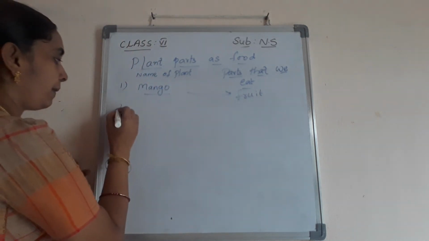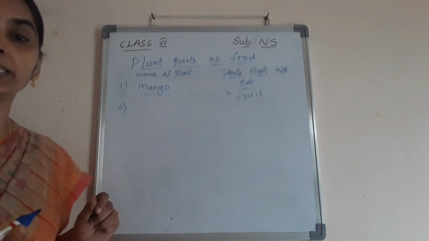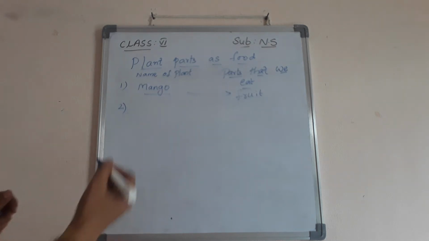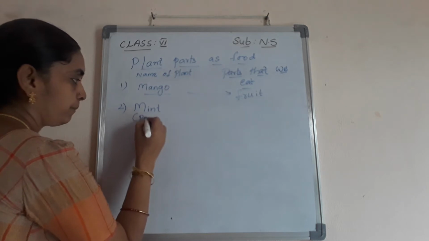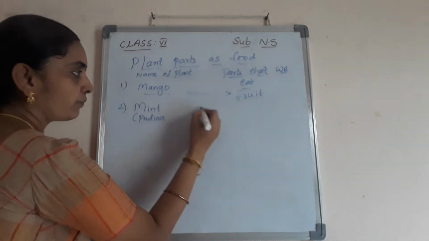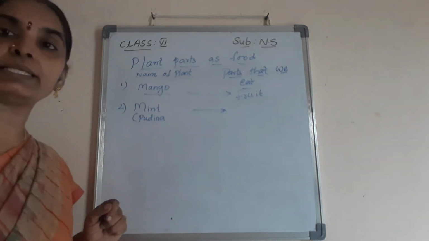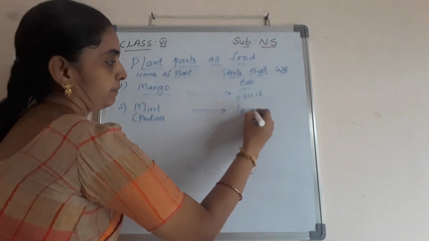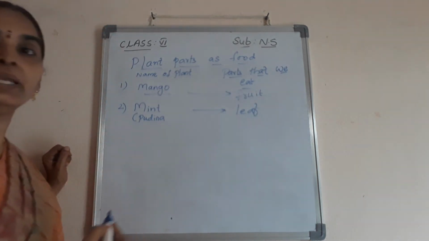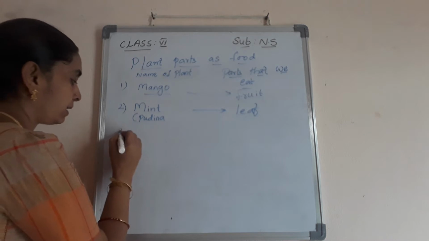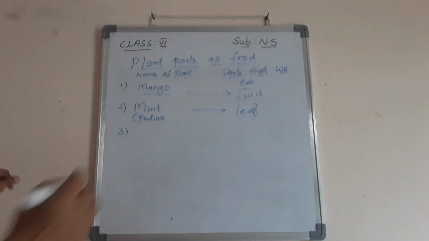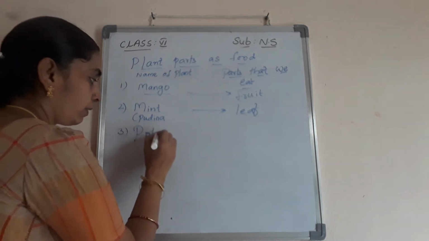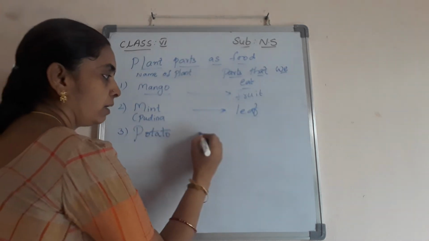Okay, in a similar pattern, another example I'll give you. It is mint. Mint is called pudina. Is it clear, children? From this plant, what part will you eat? Leaf part, isn't it? And thirdly, potato.